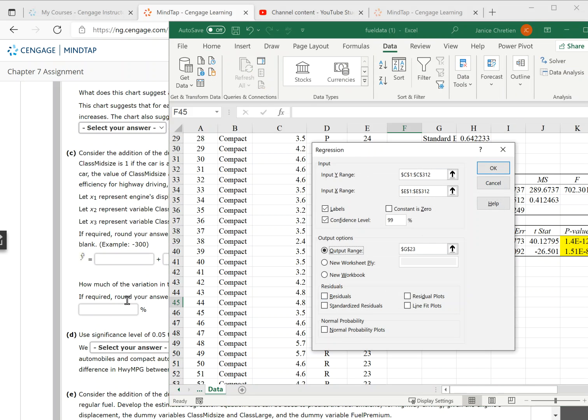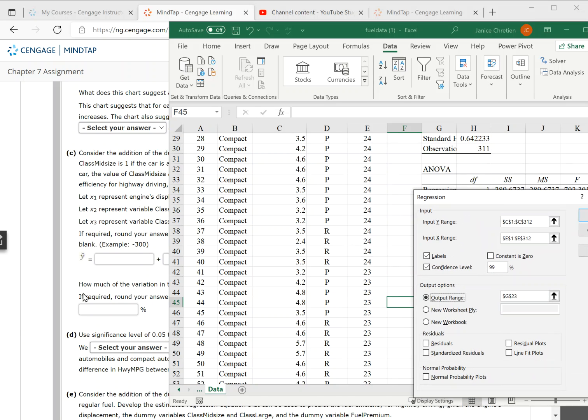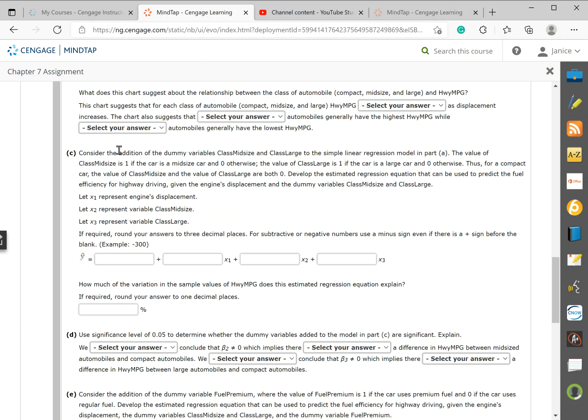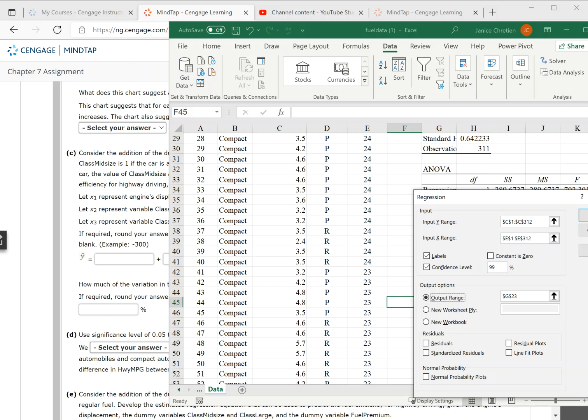Okay, so my y is still going to be, let's see, what did it say? Consider the, oh, glad I read that. I'm sorry. It wants me to add a dummy variable.